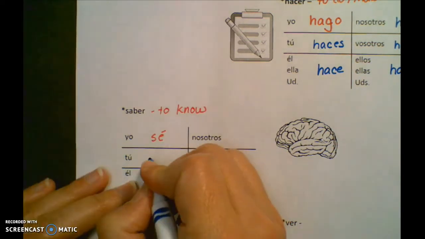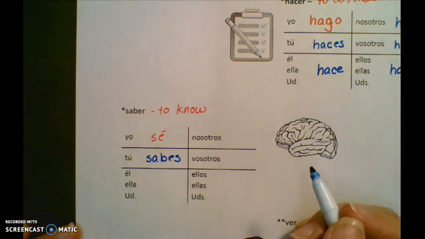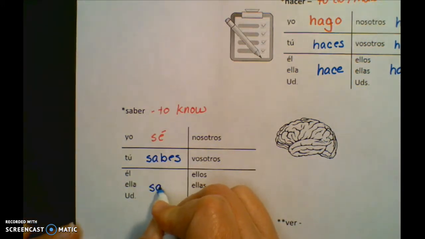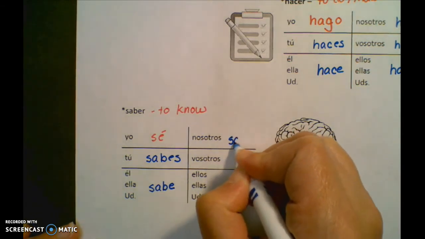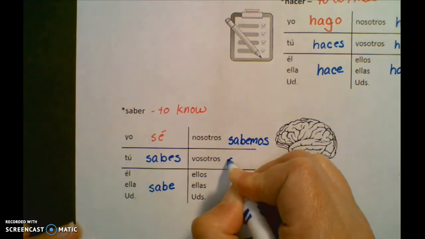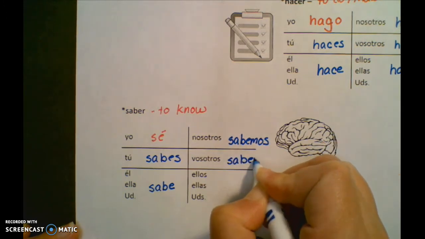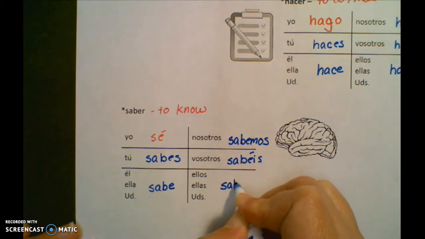Tú sabes. Él, usted sabe. Nosotros sabemos. Vosotros sabéis. And ellos, ellas, ustedes saben.